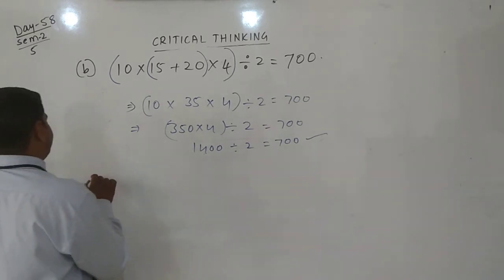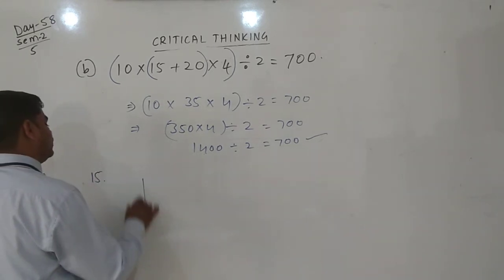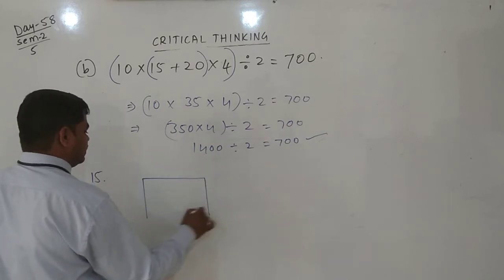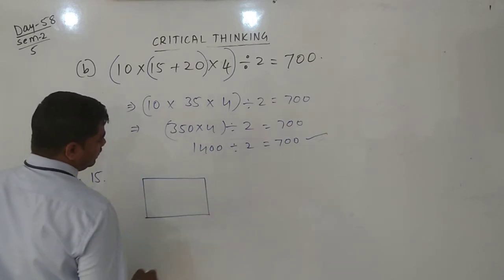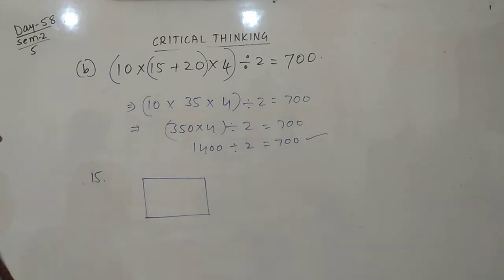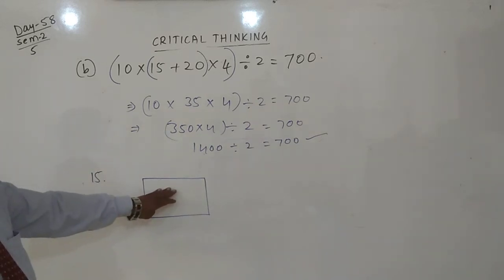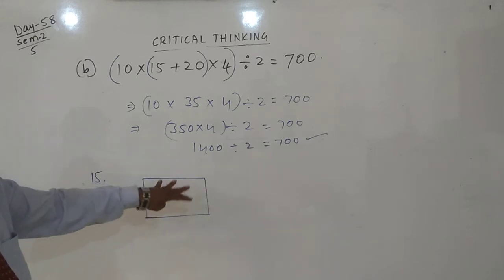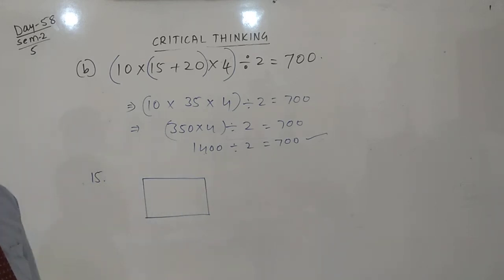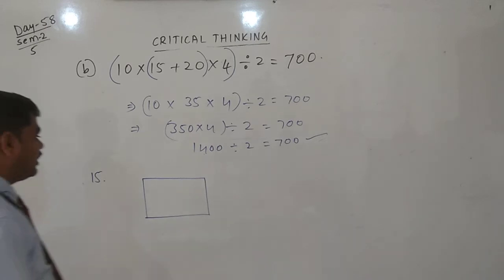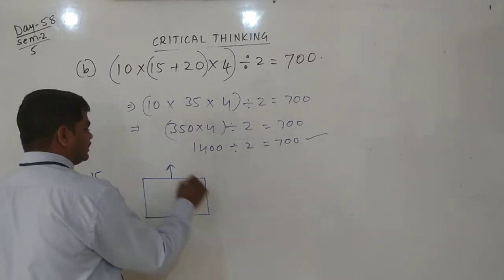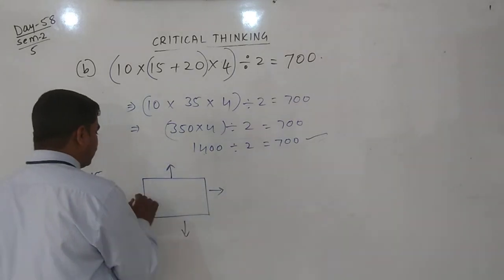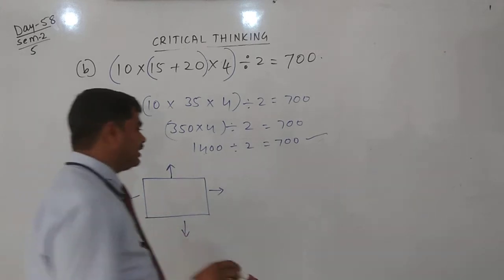This is example 15. One rectangle. How can we enlarge it to keep a similar figure like this? Again, you need a rectangle only. How can you enlarge? Yes, if you enlarge in all directions, we can get the same.